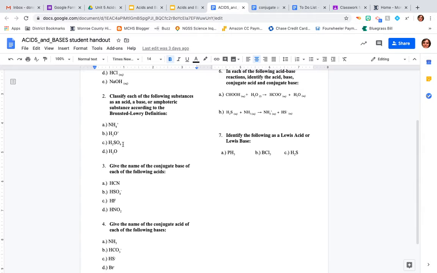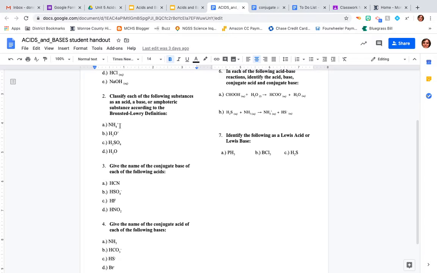And then H2SO4, well, it's already neutral, so it's probably not going to accept a hydrogen ion. And again, we know this because SO4 is 2 minus. So two positive H's go with the negative 2 SO4. So it's probably not going to accept another hydrogen ion, but what it could do is donate one to something else and become HSO4 negative 1.